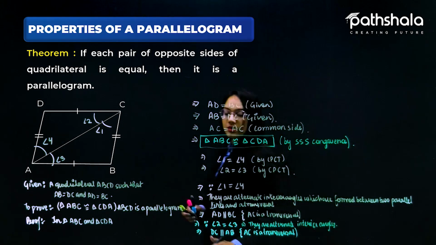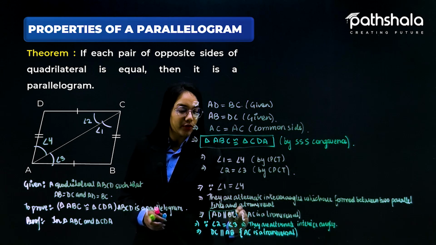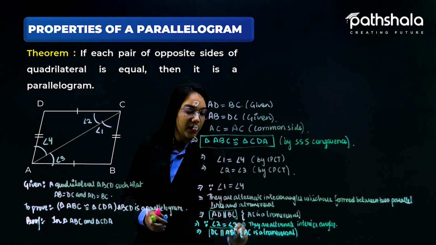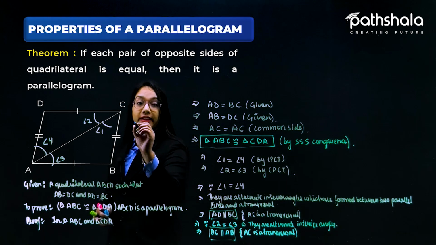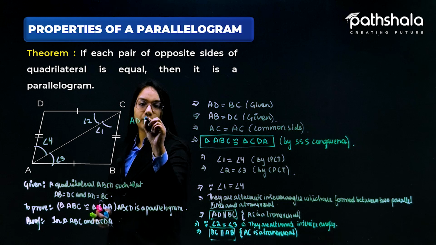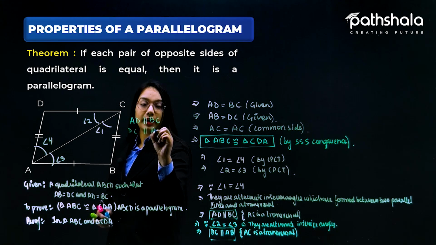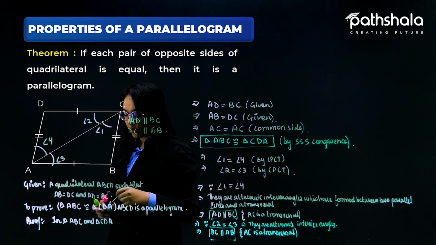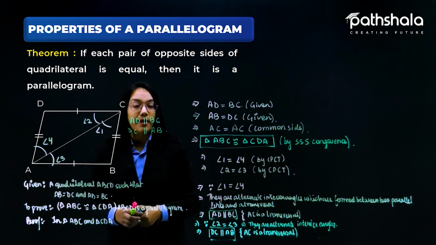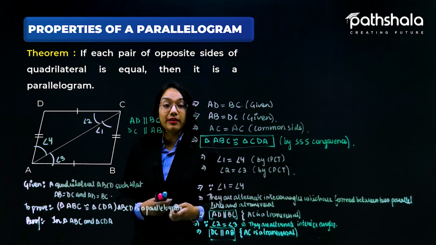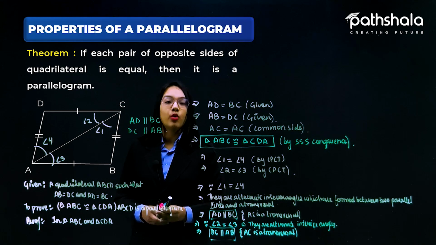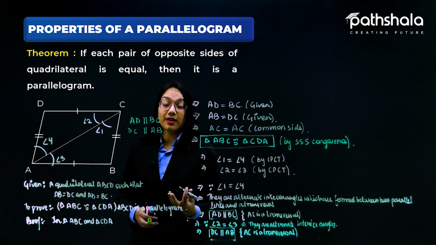So hence at the end, what we are getting is that the two pairs of sides are parallel to each other. From this condition and this condition, AD is parallel to BC, and further DC is parallel to AB. Since we are talking about a parallelogram, we know that in a parallelogram the opposite sides are parallel to each other, and also equal.